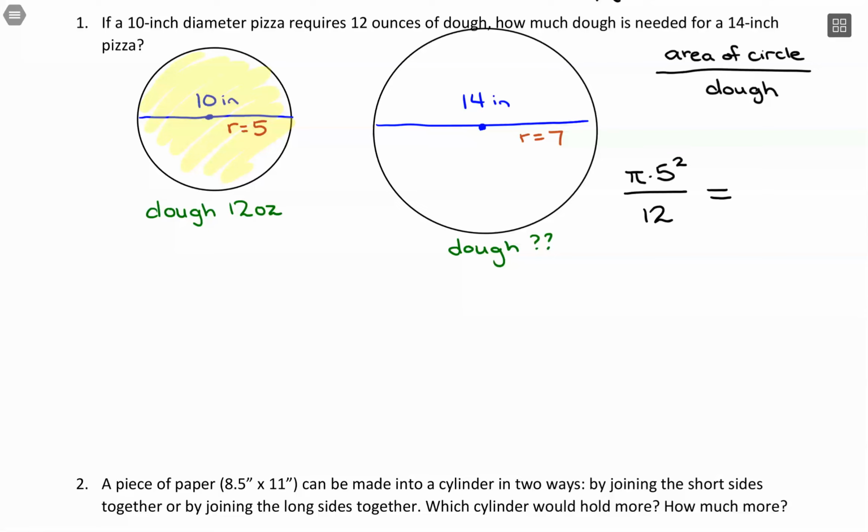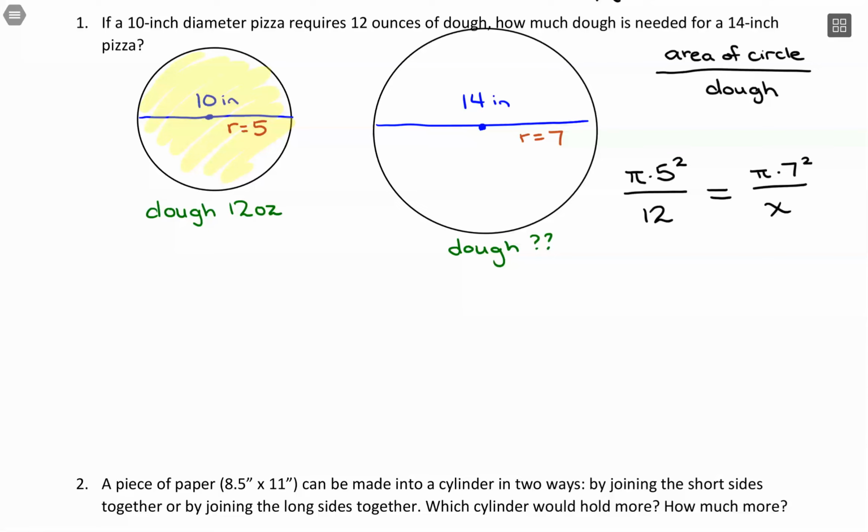And that should equal the area of our second circle, pi r squared, pi times 7 squared, over, and then we don't know the amount of dough, so we can just choose a variable to work there. And then we just start simplifying. As we go through this, I'm going to limit rounding in the middle of my work as much as possible.